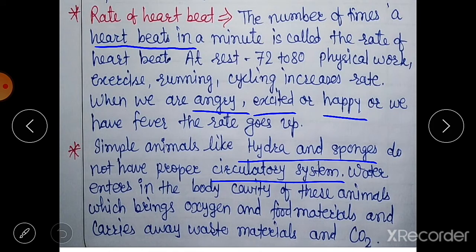Then what is the rate of heartbeat? The number of times a heart beats in a minute is called the rate of heartbeat. When we are at rest, suppose we are simply sitting and relaxing, the heart beats 72 to 80 times per minute.